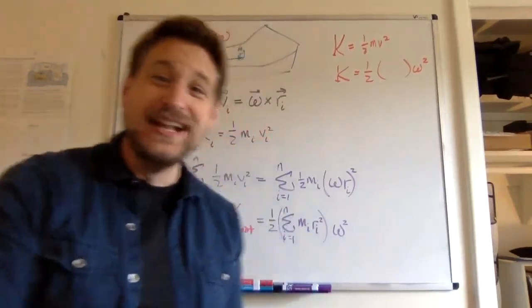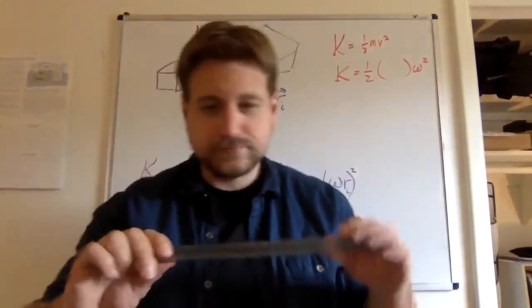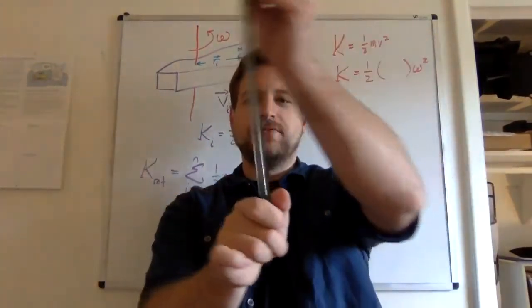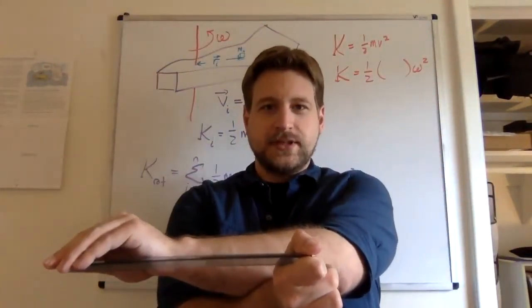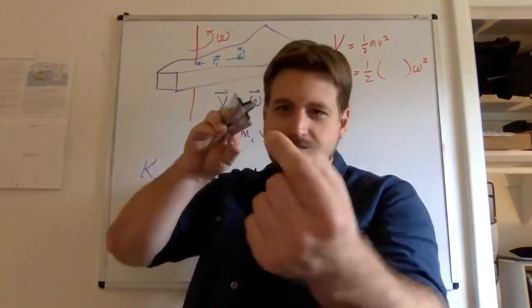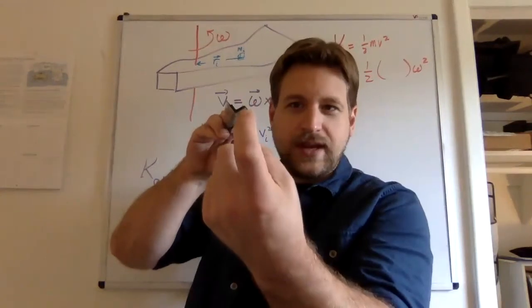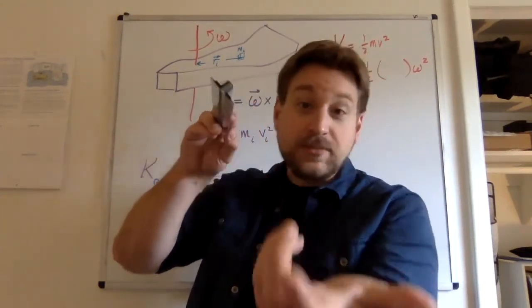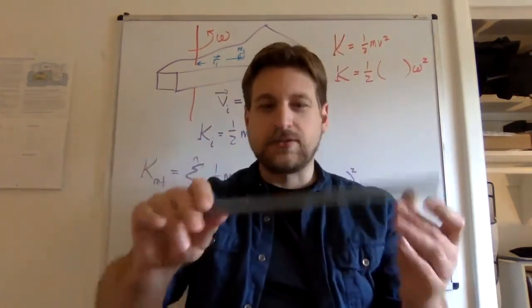It's harder to do because this mass over here has to move in a very large circle compared to the mass that has to move in a circle this way. The farthest the mass is away from the axis of rotation is only, what, half a centimeter maybe? Here, it's 30 centimeters away.